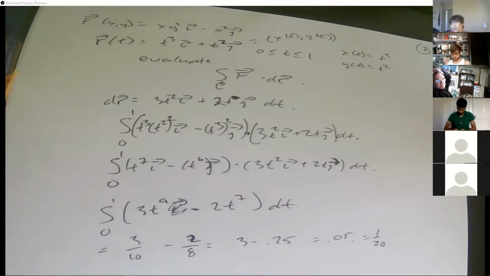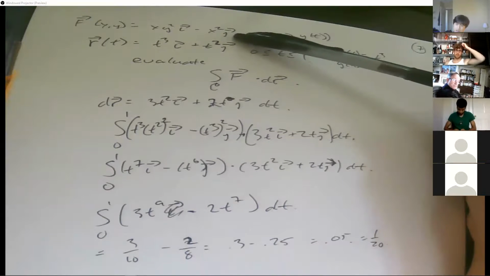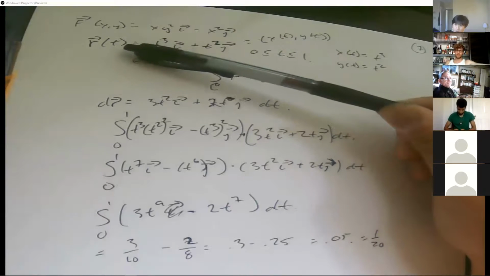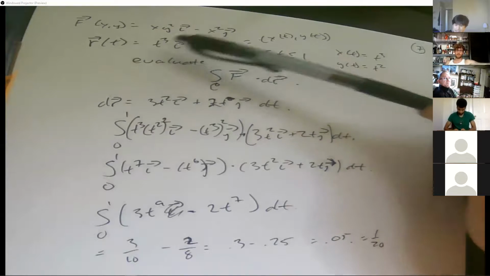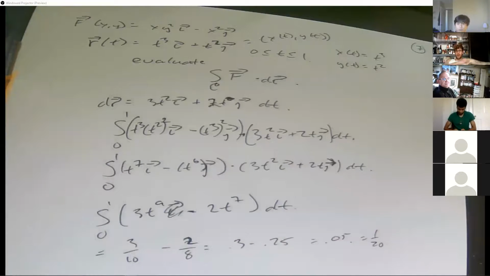So what does this mean? What this means is if I had a force field given by this and its curve r, this integral is evaluating the work done by the force field on the curve r.